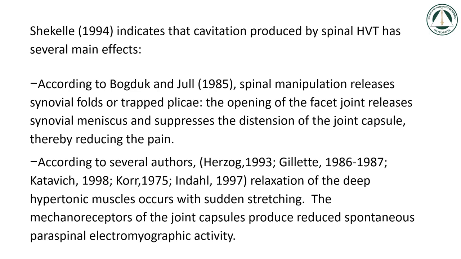According to several authors, Herzog, 1993, Gillette, 1986–1987, Katovich, 1998, Kaur, 1975, Indahl, 1997, relaxation of the deep hypertonic muscles occurs with sudden stretching. The mechanoreceptors of the joint capsules produce reduced spontaneous paraspinal electromyographic activity.